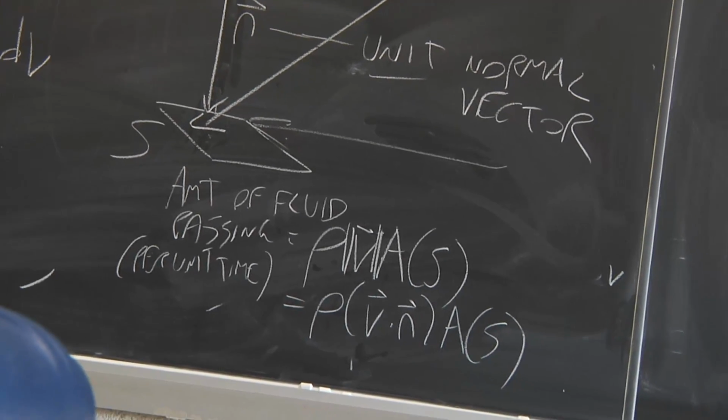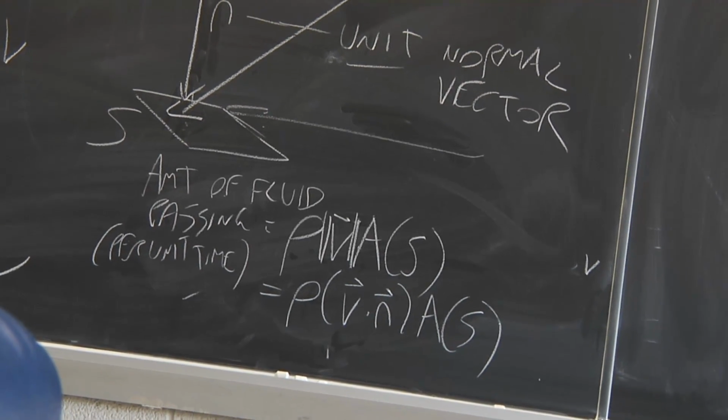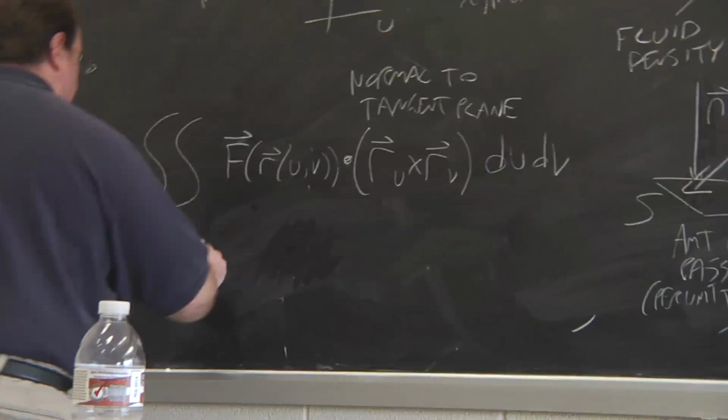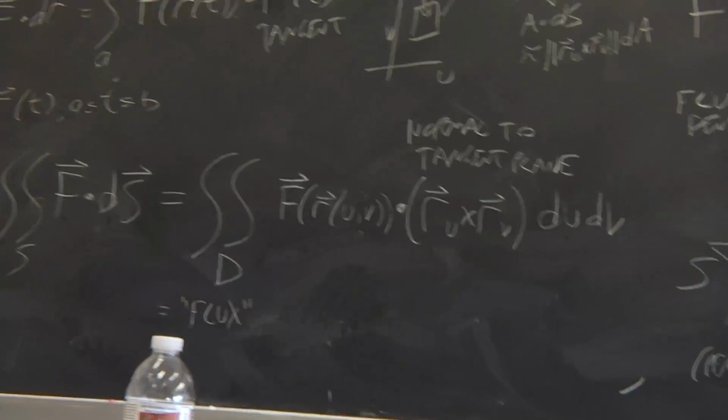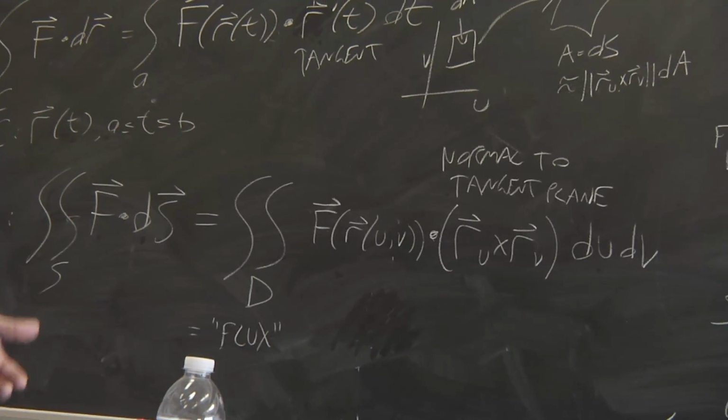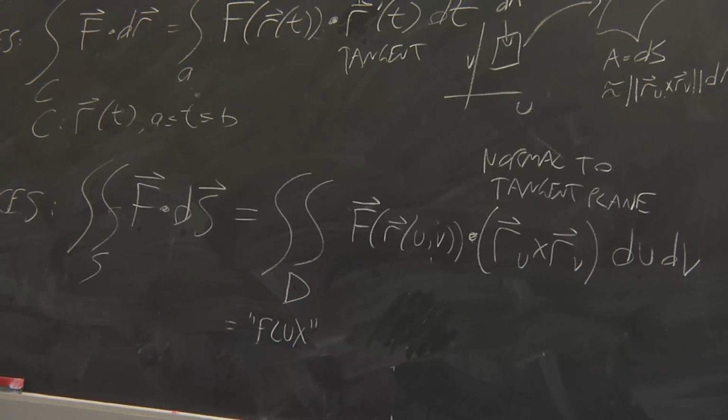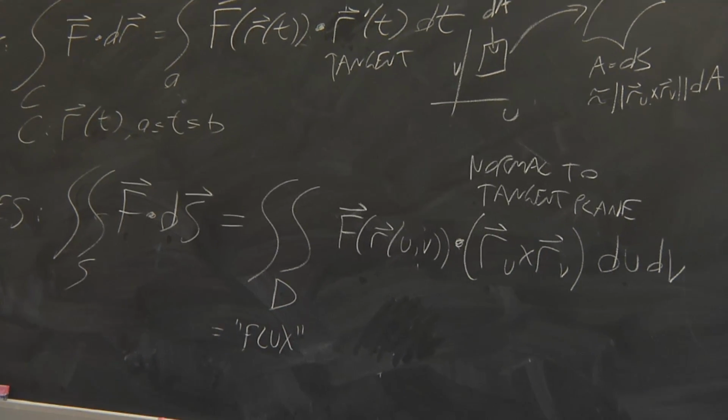All right. So what happens in this case is this surface integral is what is called the flux, so it's an indication of the amount of fluid that's passing through the surface per unit of time.